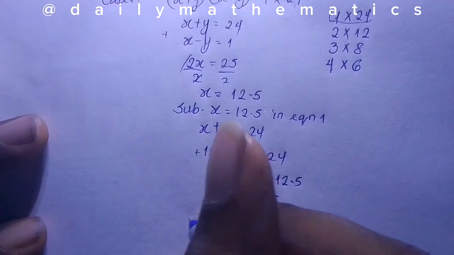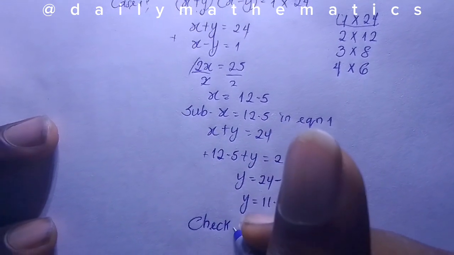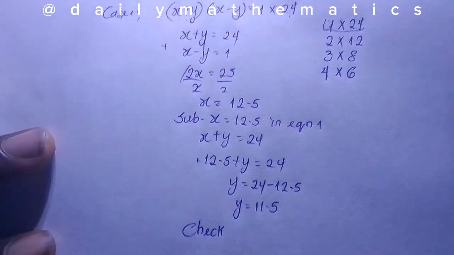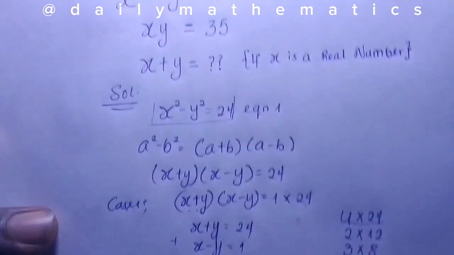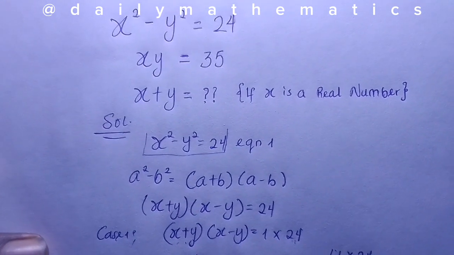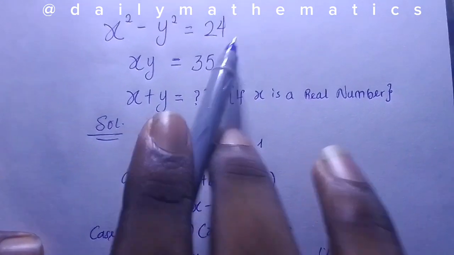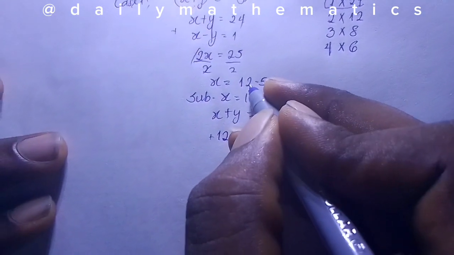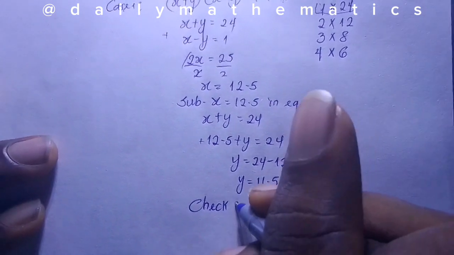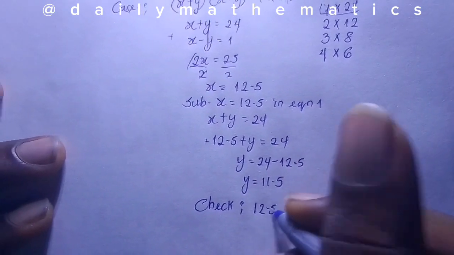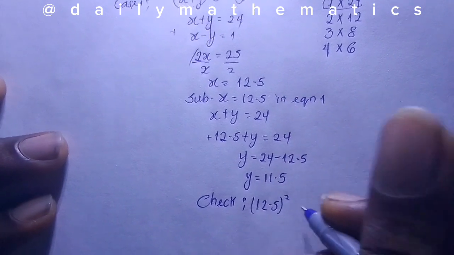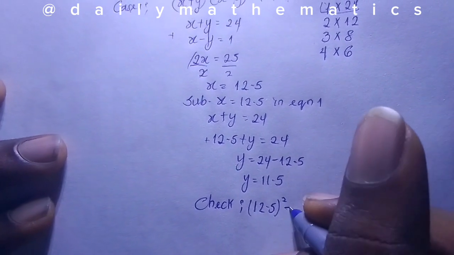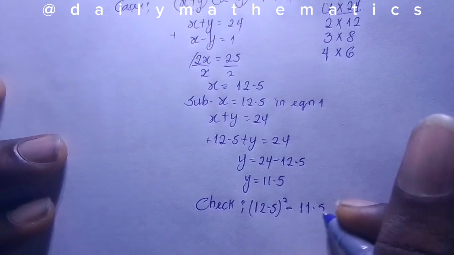So let's check. The question says x squared minus y squared equals 24. So let's do it: x is 12.5, so 12.5 squared minus 11.5 squared.